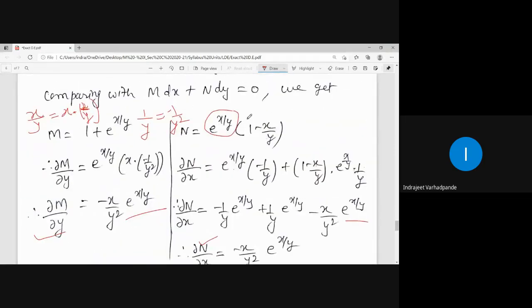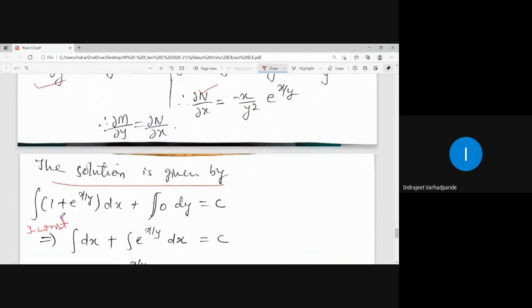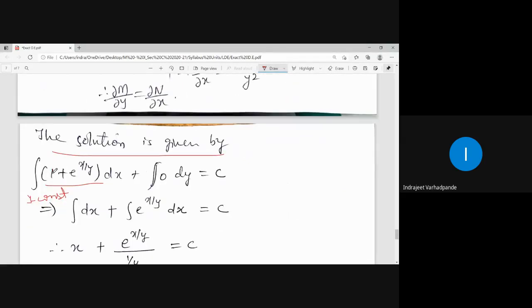But here there is no term of y which is independent, right? So only integration of this term will be taken. As I told you, constant is also a variable, right? So it is integrated with respect to x. This is integrated with respect to x.